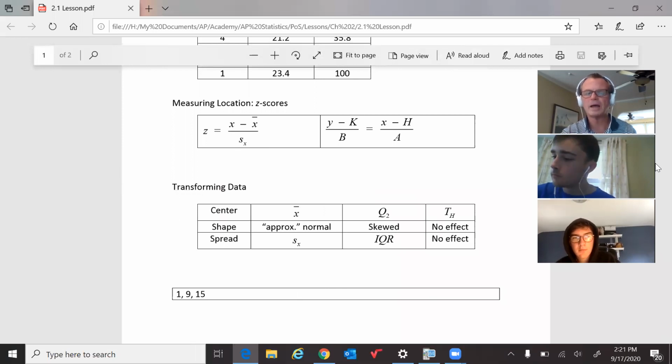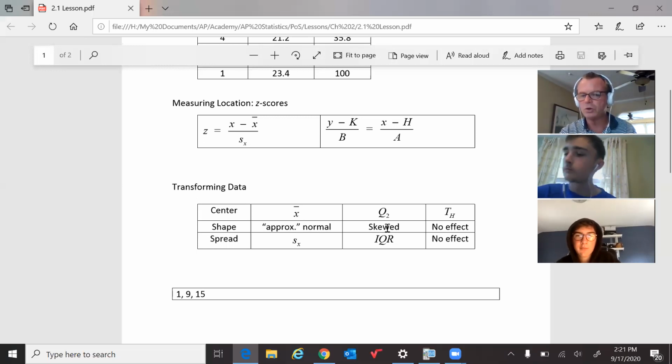Okay, so again, if we do this, look what happens. If I have the mean as the measure of center and the standard deviation as the measure of spread, the book calls spread variability, they're synonyms. The shape might be approximately normal, it might be skewed. If it's approximately normal, that's when you're going to use the mean for the center and the standard deviation for the step.